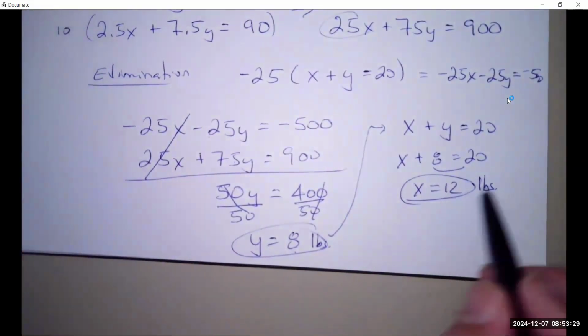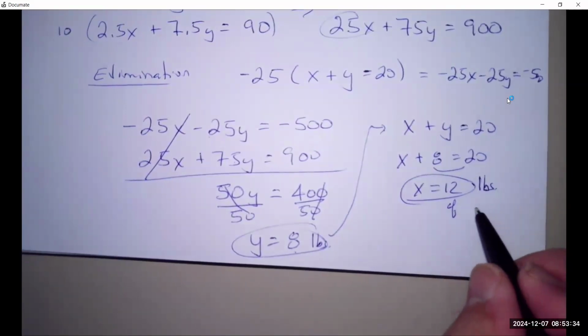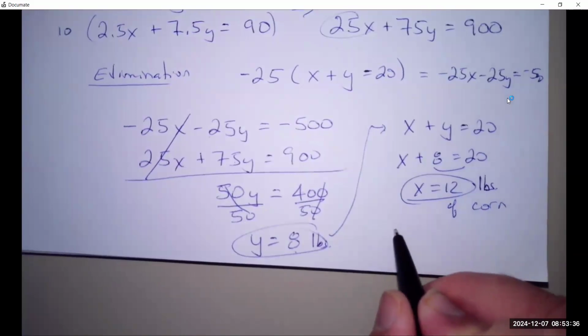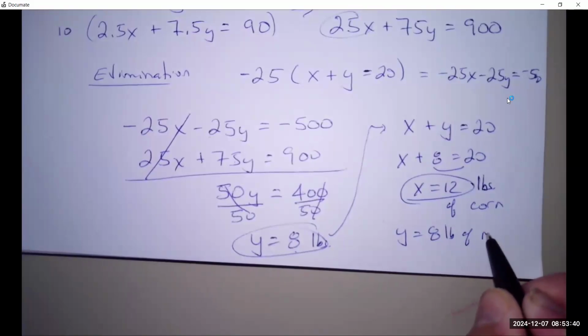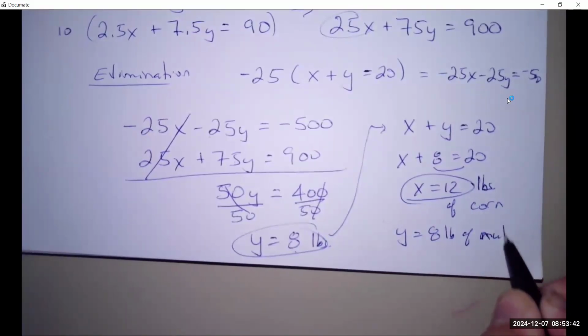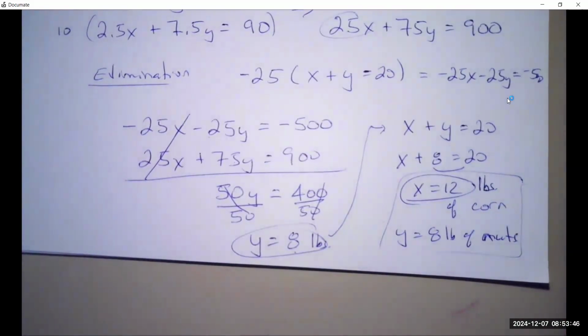So we have 12 pounds of the corn, and then we have 8 pounds of the mixed nuts. And that's what we're looking for. All right. That does it for that one.